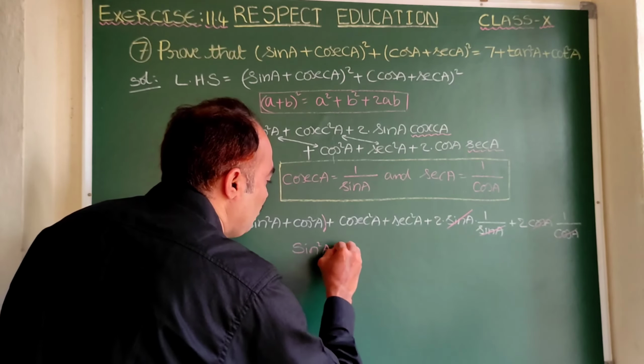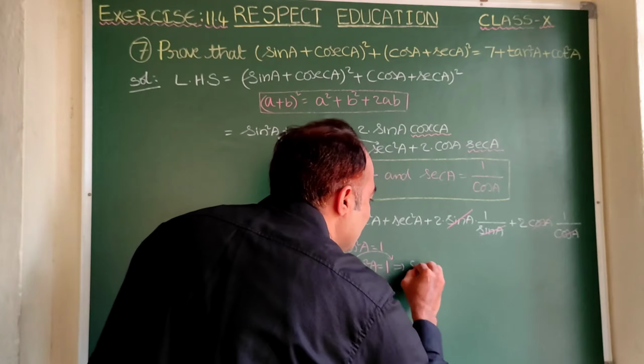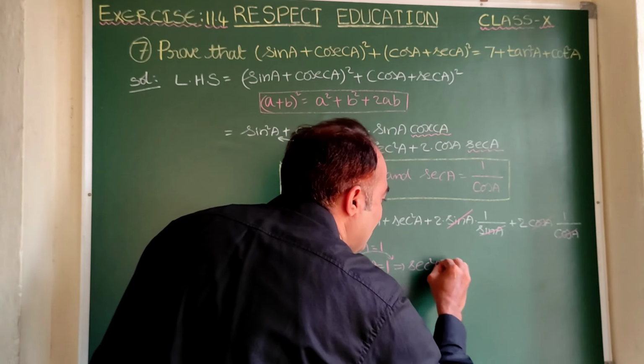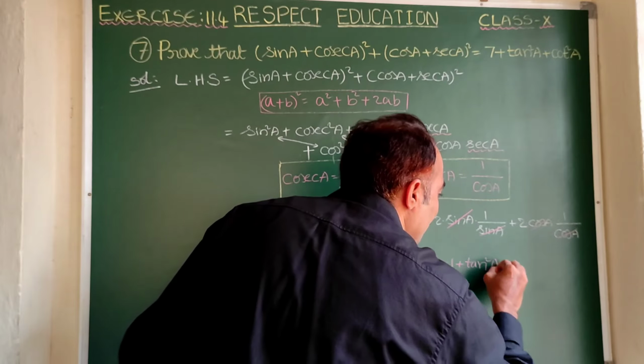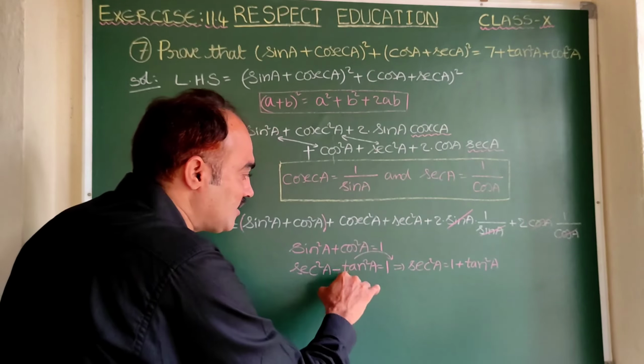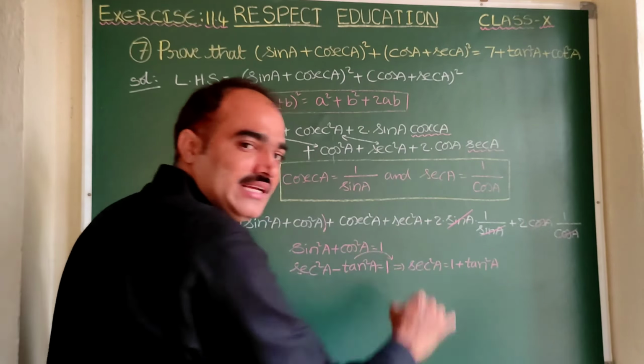Now let us take the help of other trigonometric identities. The second one is secant square a minus tan square a is equal to 1. Let us send tan square a to that side. So secant square a can be written as 1 plus tan square a. Is it clear? This minus tan square a, when sent that side, becomes 1 plus tan square a.